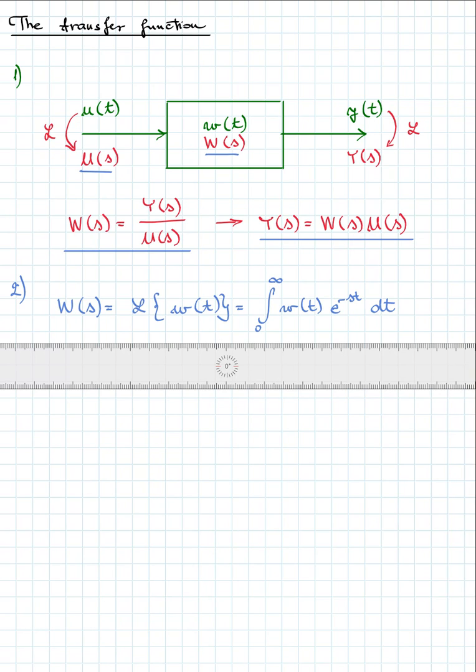So if we take the integral from 0 to infinity w of t multiplied by e to the power of minus st dt, we can get W of s, that is the transfer function. So there is a direct connection between the impulse response function and the transfer function. So this is the direct connection through the Laplace transform.